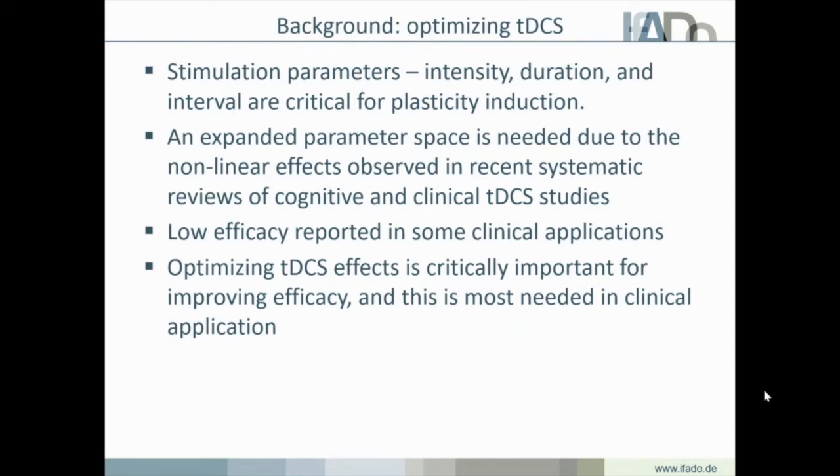And so this has called for a more systematic approach to expand the current parameter space of tDCS with respect to stimulation intensity and duration to find the most optimal stimulation protocols.